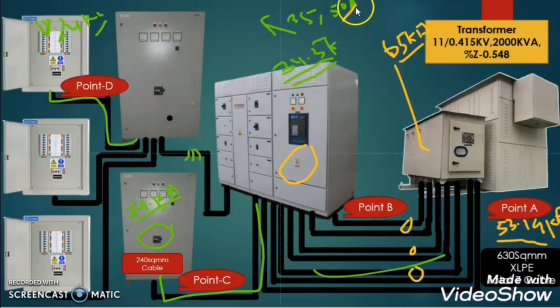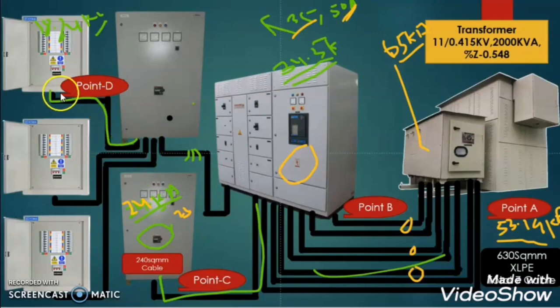So we will go for 50 kiloampere, which is the next standard higher value. For the SMDB, we got the value of the prospective short circuit current as 24.24 kiloampere. Then we will go either for 25 kiloampere or for 35 kiloampere short circuit breaker rating.